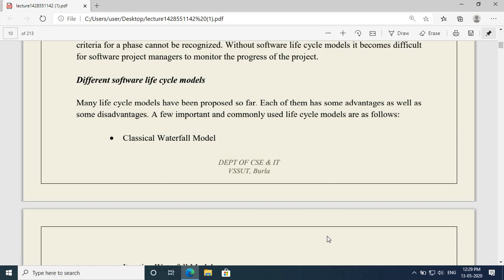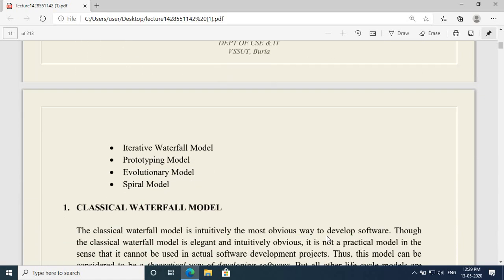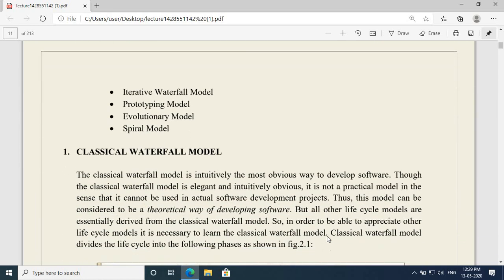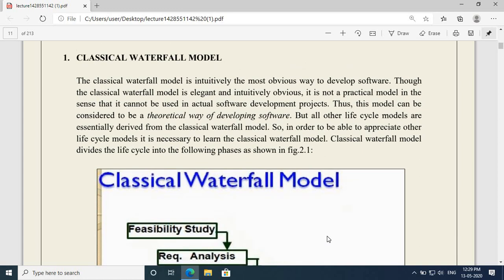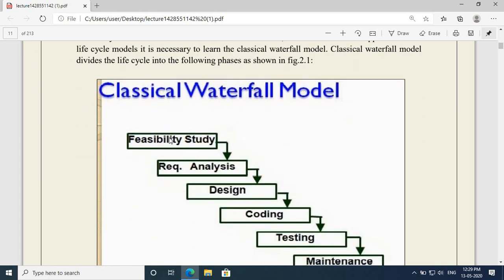There are different software lifecycle models. The first is the classical waterfall model, then the iterative waterfall model, prototype model, evolutionary model, and spiral model. Okay, so these are the different lifecycle models. First we discuss the classical waterfall model. See why it is called a waterfall model.